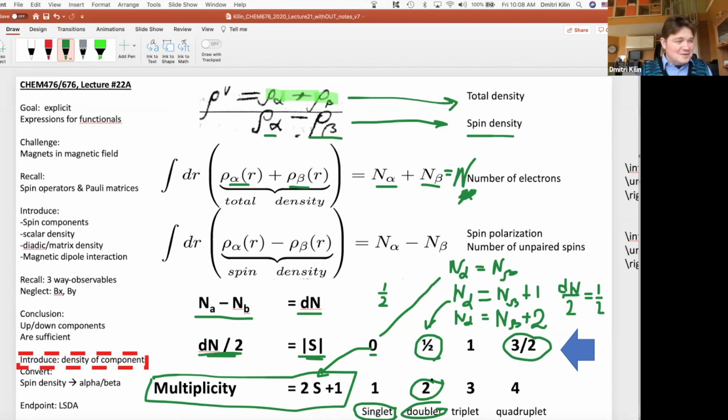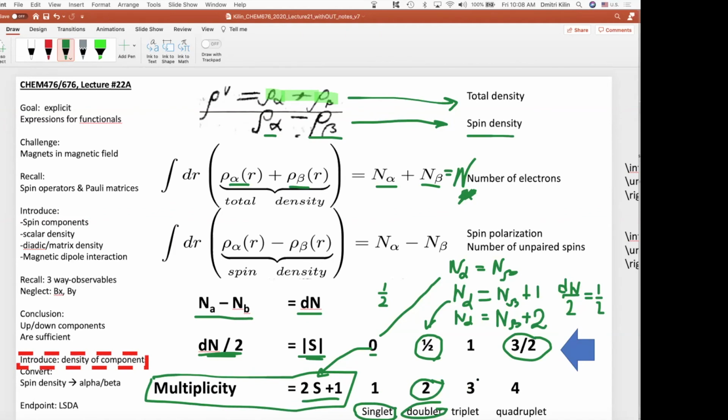Stephen, would you like to tell what will be the multiplicity if one takes spin s equals 1 and plugs it into the equation 2s plus 1? That would be a triplet, wouldn't it? Yes.